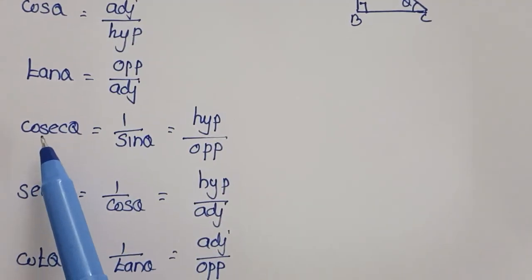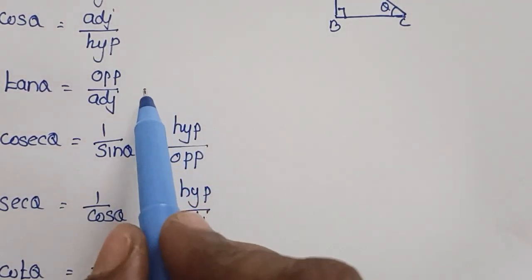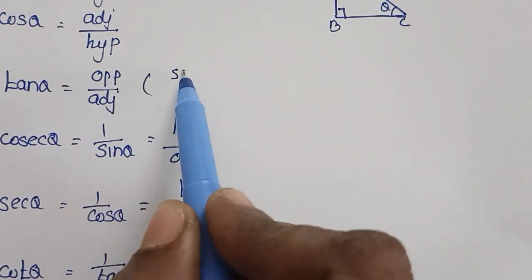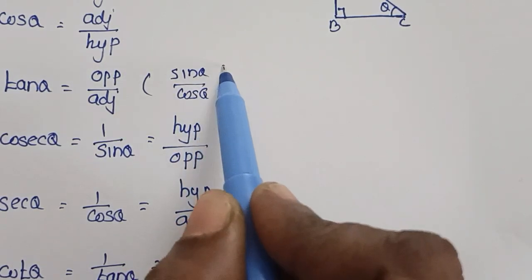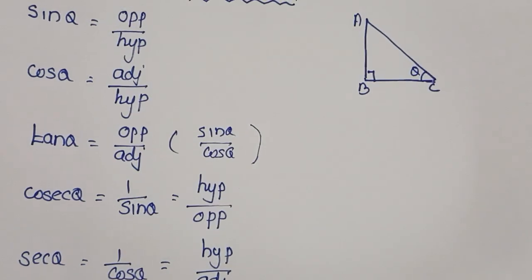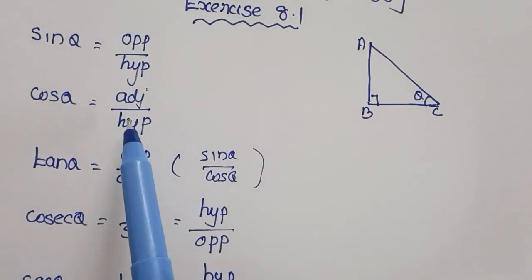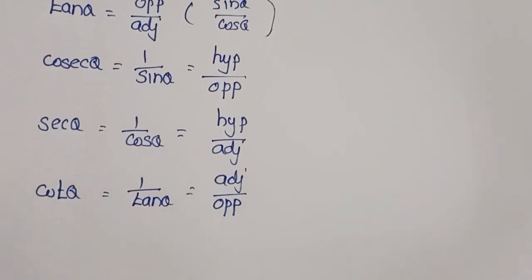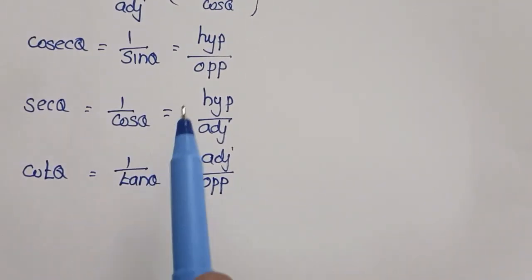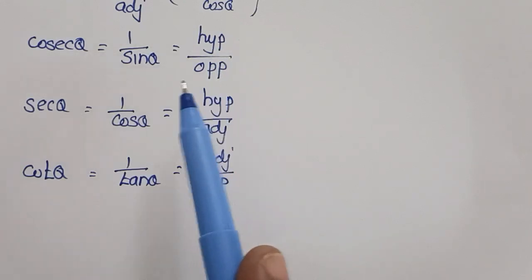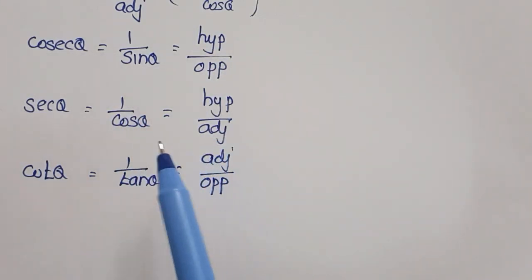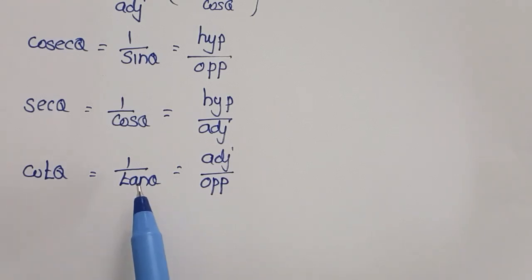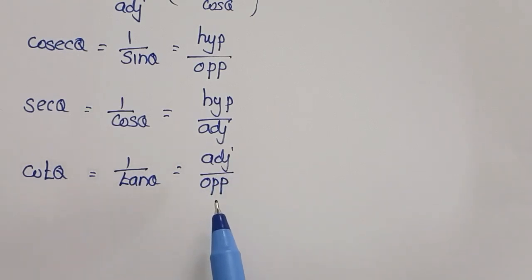So when you divide, you get opposite side by adjacent side. Cosec theta equals the reciprocal of sin theta, that is hypotenuse by opposite. Sec is the reciprocal of cos theta, hypotenuse by adjacent. Cot is the reciprocal of tan theta, so adjacent by opposite side.